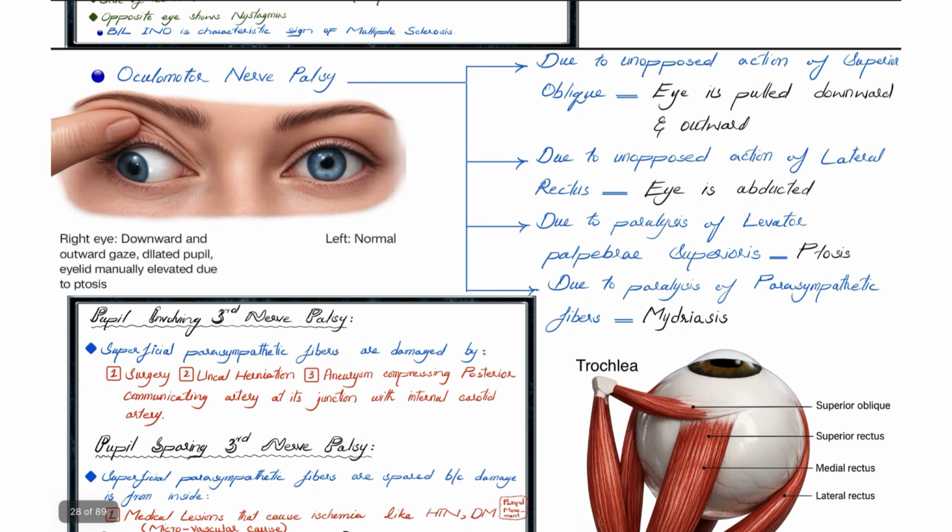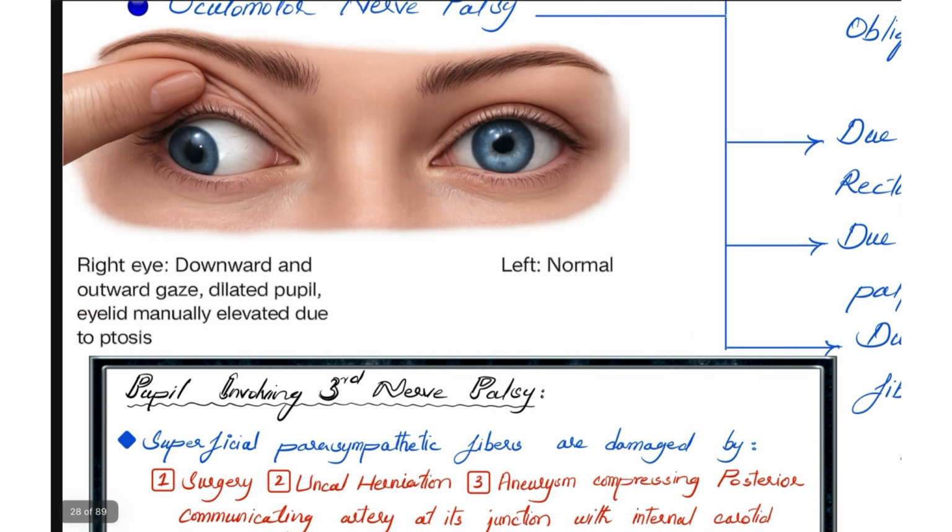Now, if the oculomotor nerve is disrupted, its function is disrupted too. For instance, due to unopposed action of the superior oblique muscle, the eye is pulled downward and outward, and due to unopposed action of the lateral rectus, the eye is abducted, meaning the eye moves laterally. Due to paralysis of the levator palpebrae superioris, the ipsilateral side will have ptosis, and due to paralysis of parasympathetic fibers, there will be mydriasis, meaning a dilated pupil.